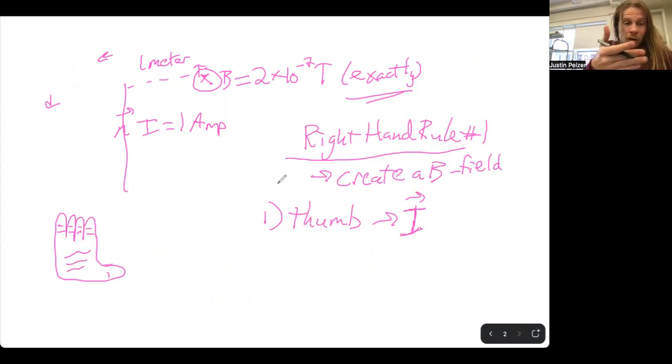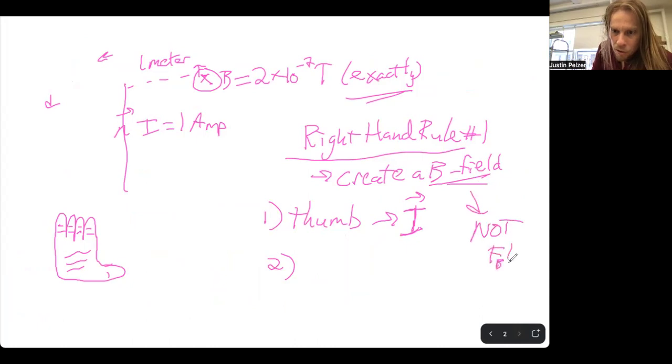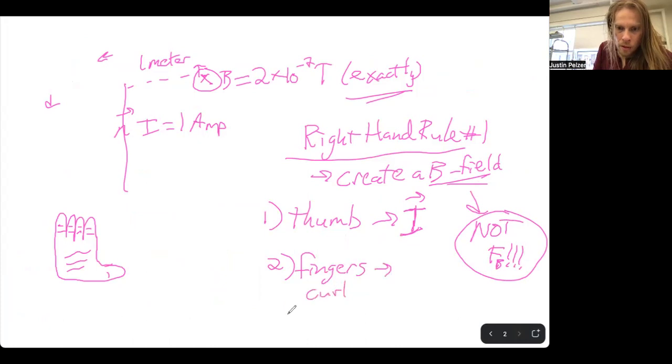Thumb in the direction of current, and then your fingers curl. Know that I'm creating the magnetic field here. This is not the magnetic force. That's step two. So be careful. Your fingers then curl in a circle, circular around the wire in the direction of the magnetic field.